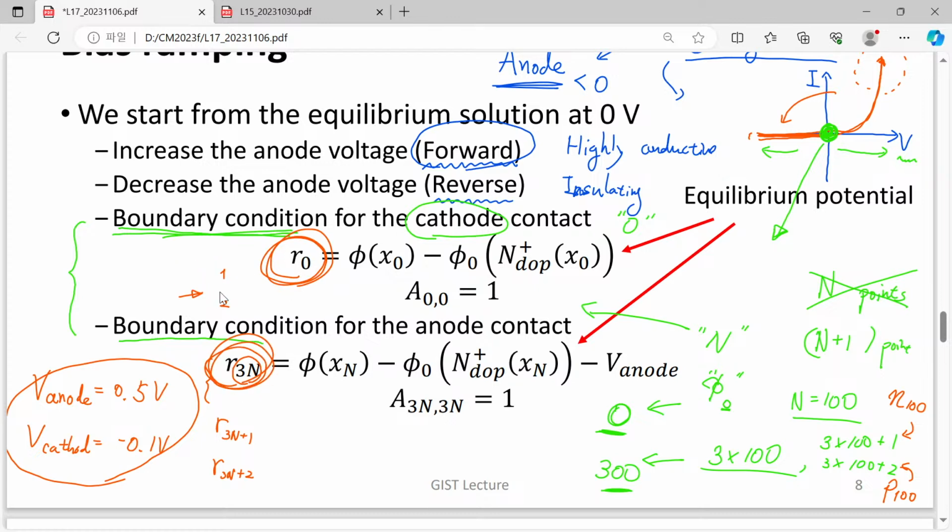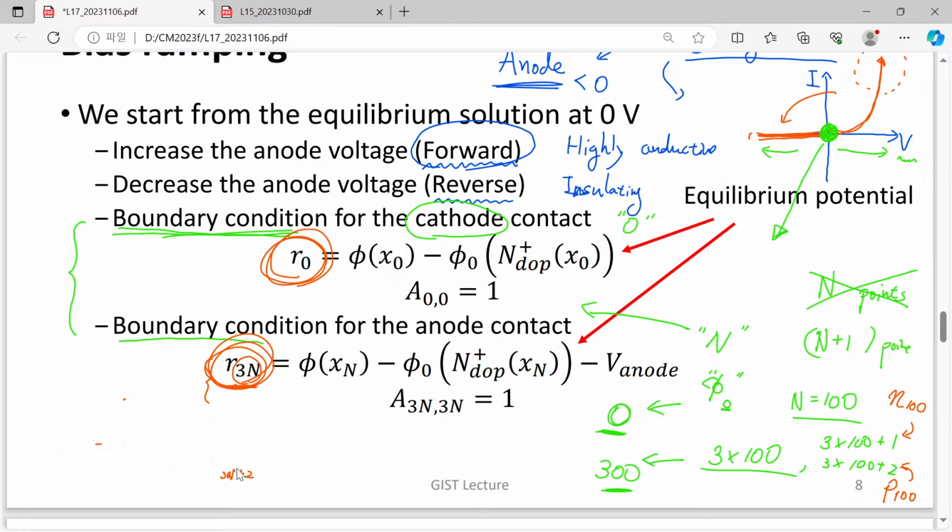So for R1, we must consider this cathode voltage, and for the anode, for R sub 3n, we must consider this anode voltage. Okay, let me just consider this anode contact because this is general.